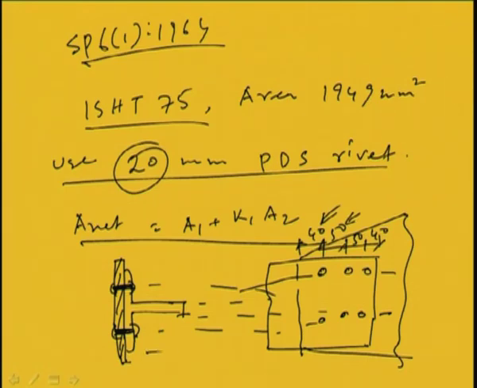Now this flange width is as per the codal provision. This is given for ISHT 75. This width is 150 mm. So now I can find out the areas A1 and A2, because the area in this section will be lowest, so I can make the critical section this way.